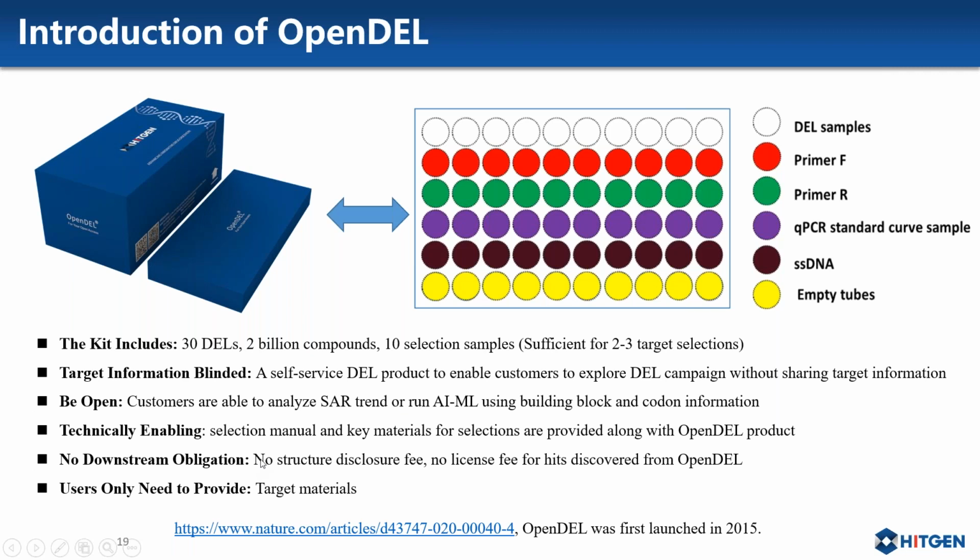And because all of the building block information has already been disclosed to our customers, there is no structure disclosure fee and no license fee for hits discovered from OpenDEL. The only thing the customers will prepare is the target materials.